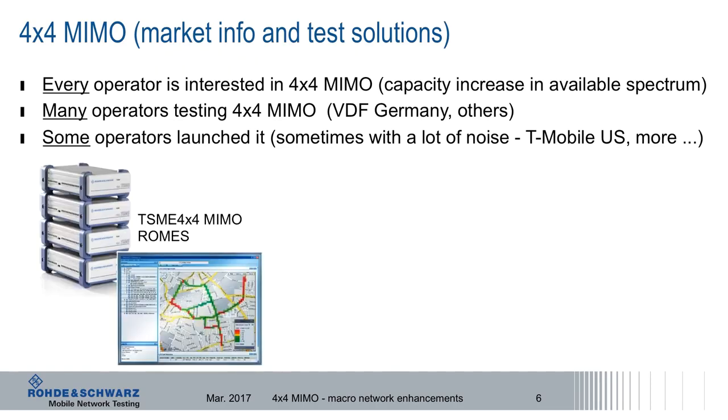So what are the test solutions here? We have to measure 4x4 MIMO. We have the scanner solution, scanner setups. So we have 4 one-channel scanners here, TSMEs, connected to the Rohde & Schwarz software platform for network optimization and troubleshooting.